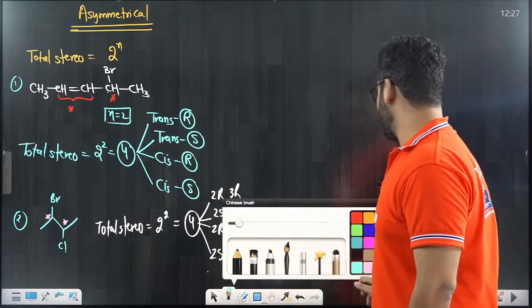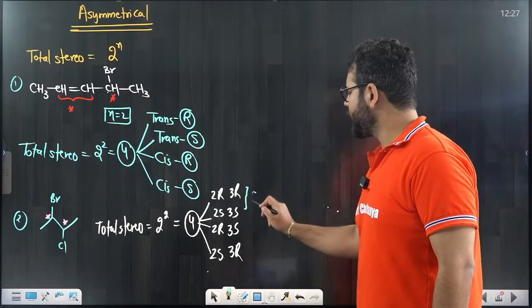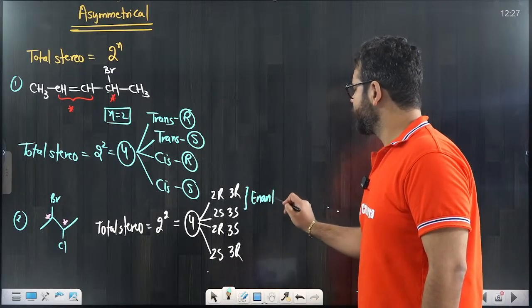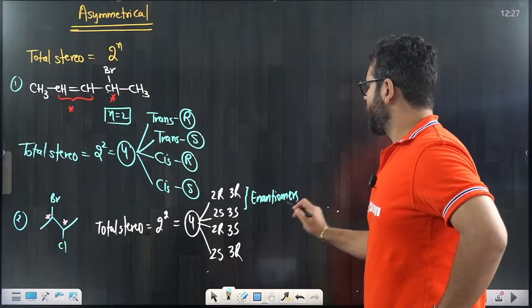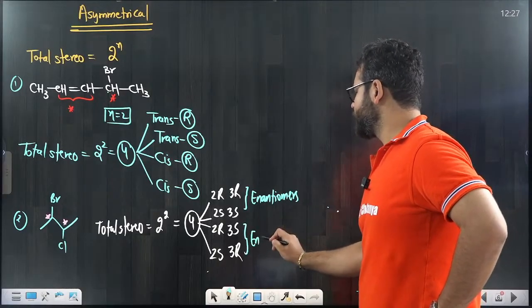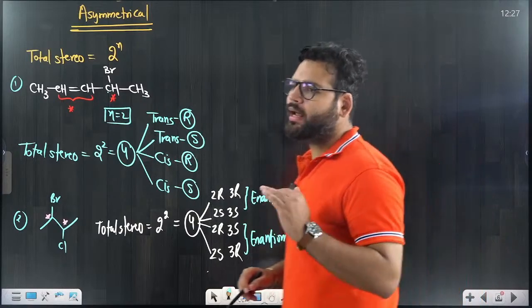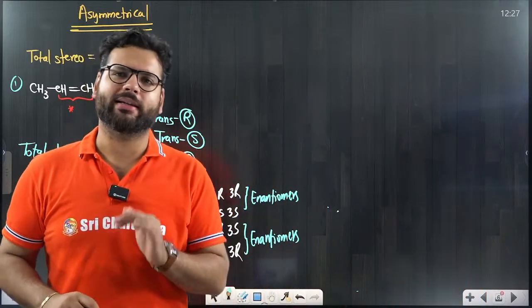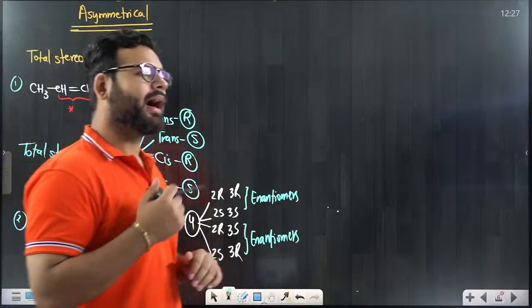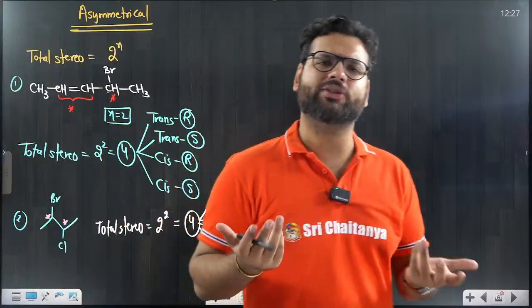Whenever you put a mirror, R always becomes S. So these two are enantiomers of each other, and these two are also enantiomers. RR and SS are enantiomers, RS and SR are enantiomers, and RR and RS will be diastereomers.